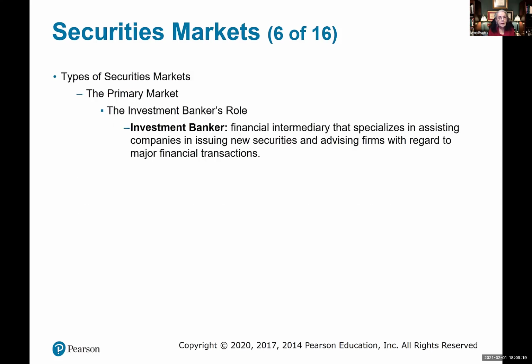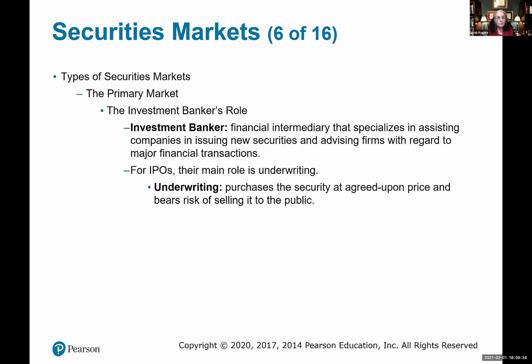Now, primary market, the investment banker. That's the intermediary that specializes in assisting companies in issuing new securities. They also advise them on mergers and acquisitions. For IPOs, they're the underwriter. Now, they can do it in two ways, and I think we probably talked about this in 331.